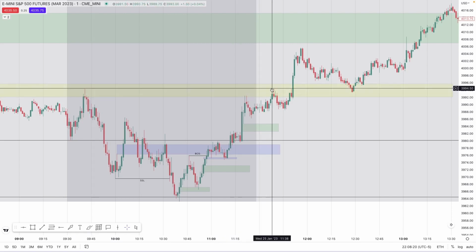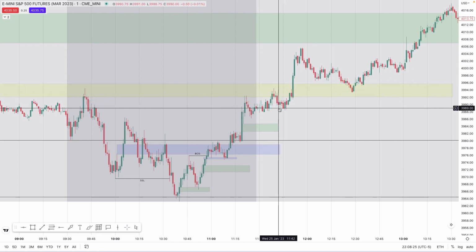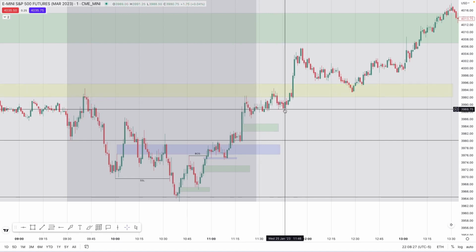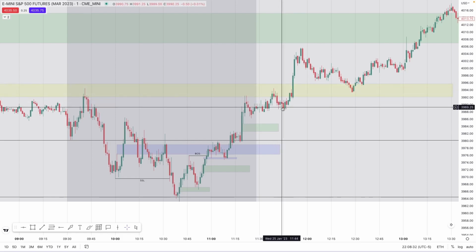So you notice after it hits that, it has several down candles coming lower, giving you a false sense that price is now running away from that area.